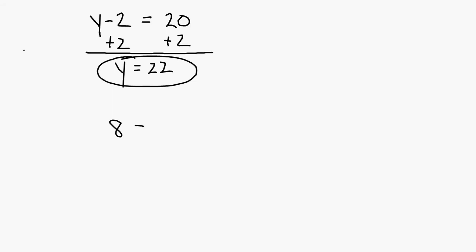If 8 is equal to x minus 3 divided by 5. This is the same concept, but now the fraction and the variable are on the right-hand side of the equal sign. So you want to remove this 5, and you do that by multiplying both sides by 5. That allows these 5's on the right-hand side to cancel each other out.